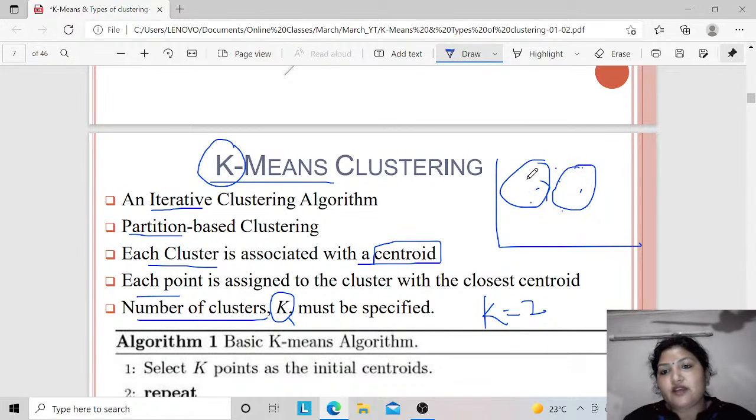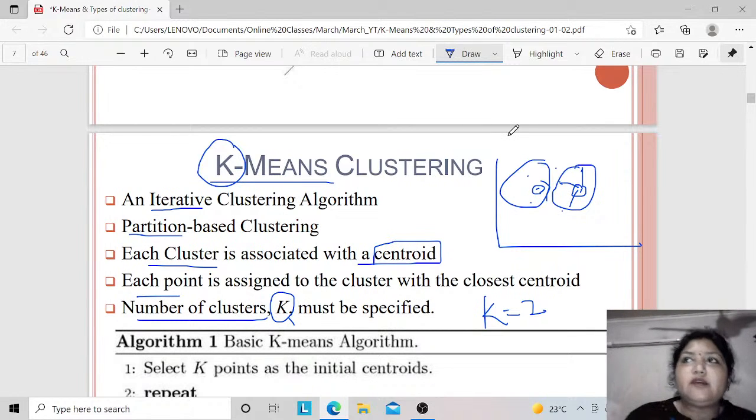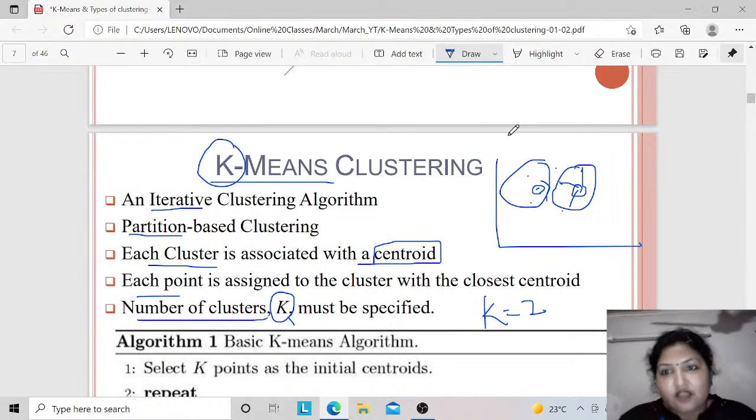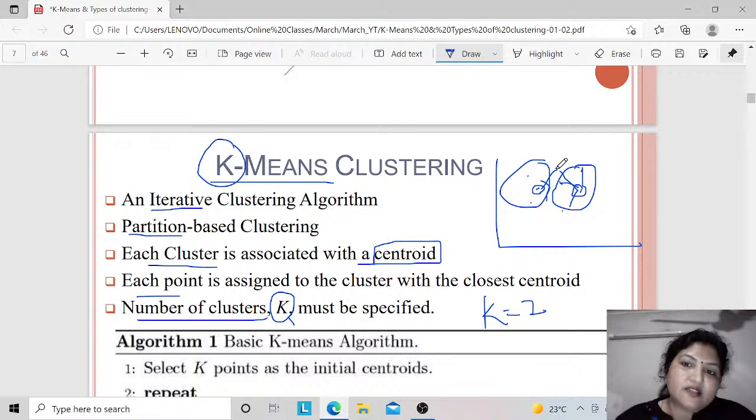Suppose there are a number of points lying within this cluster. Every time I am going to take one centroid, calculate the distance, and then put that particular data point into that particular cluster. So suppose this is my centroid and this is my centroid, and I calculate the distance. If the distance is minimum from this centroid of cluster 1, the point would fall under this.